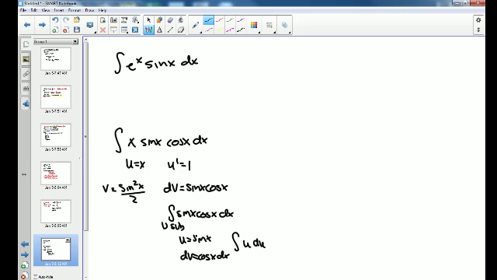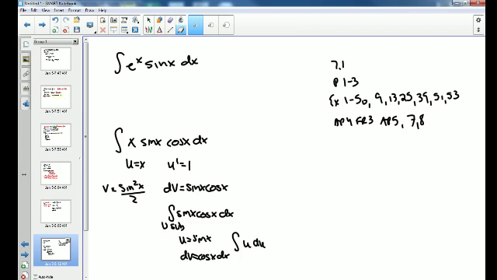Okay, here we're in 7.1 now. Again, most of the problems you see with the new integration techniques you learn are going to be pretty straightforward.